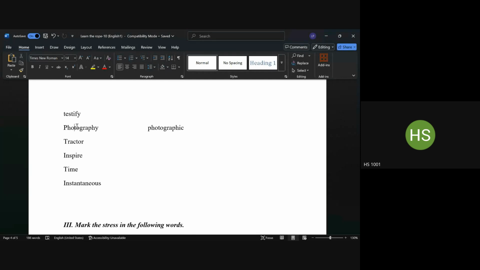Spire is your stressed syllable. Then, no, it's not aspirated. Inspire also is not aspirated. Okay. Then comes time. Yes, ma'am. Aspirated. In this case, yes, definitely.